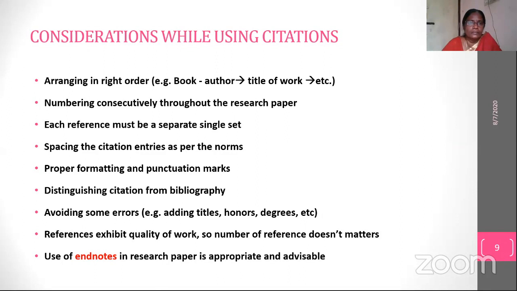And another one is that each reference must be in a separate single set.